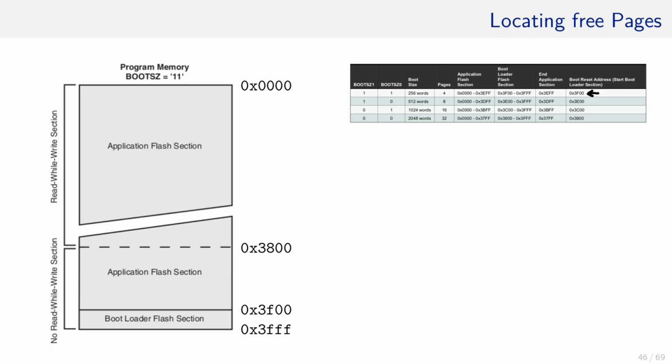However, the application flash section size depends on that BOOTSZ setting. Hence, here, the last address in the flash for the application is 3F00 minus 1, which results in 3EFF.